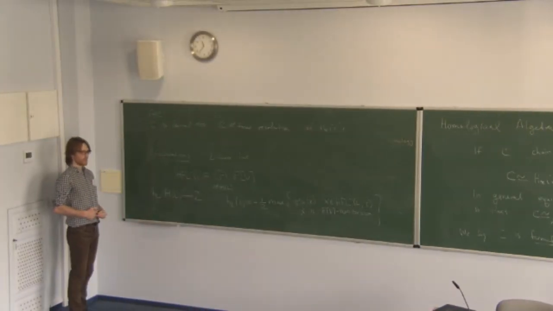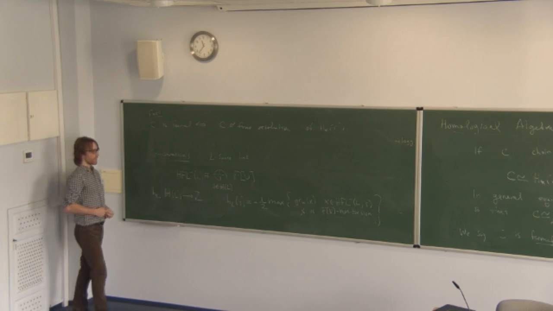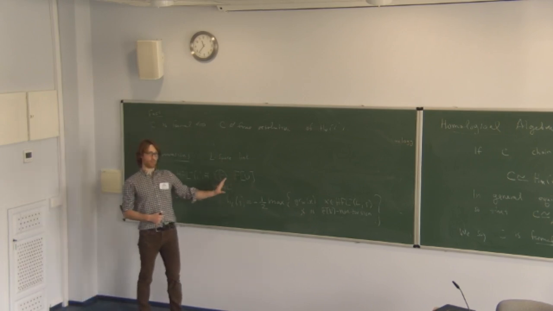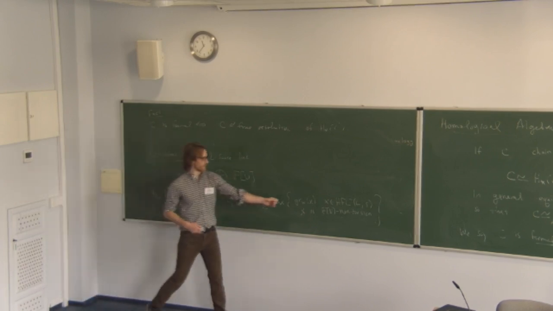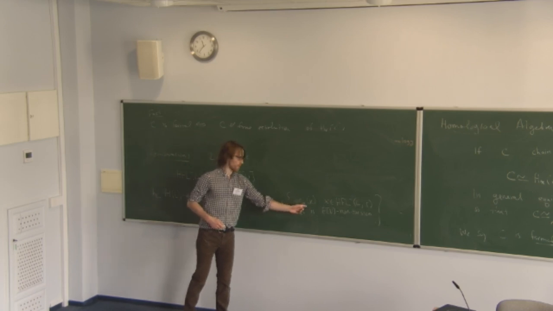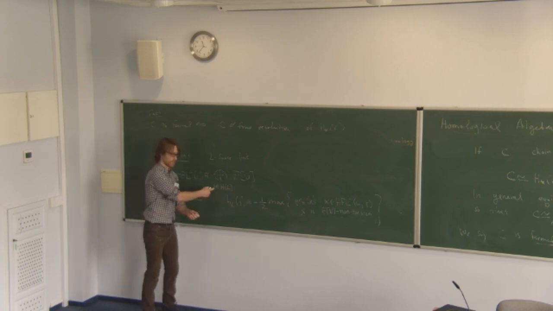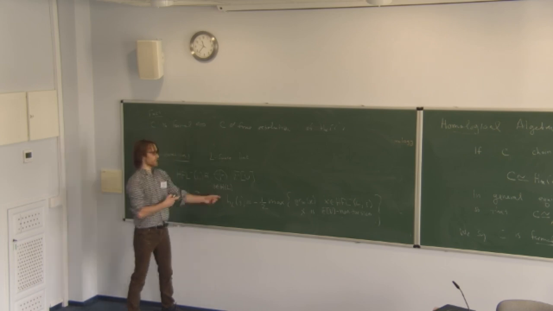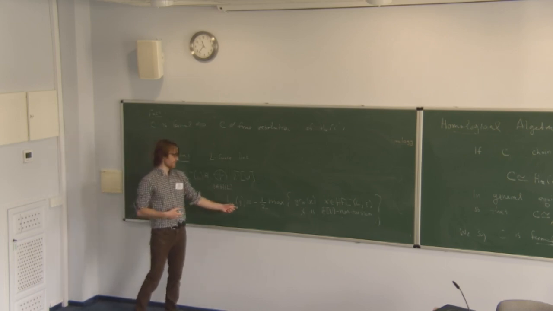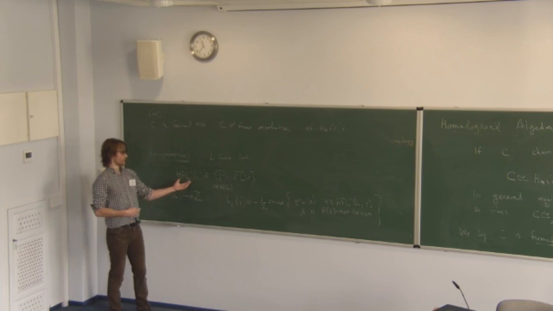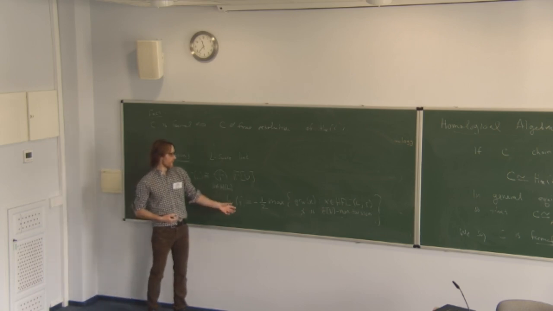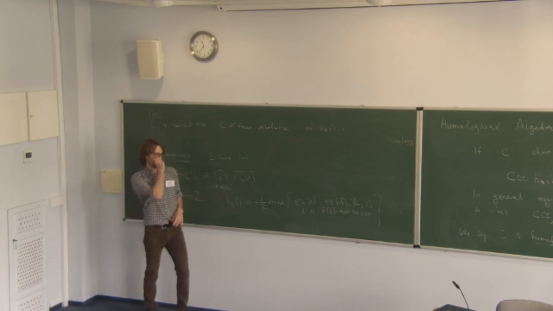generator of each tower. And if you remember from the start of the talk, all of the module actions have a very predictable grading. So if I know, for example, the homological grading of a generator, and then I know the Alexander grading because it's just S, then for an L-space link, the entire module structure over F, all the W's and the Z's, is just going to be encoded by this H function.